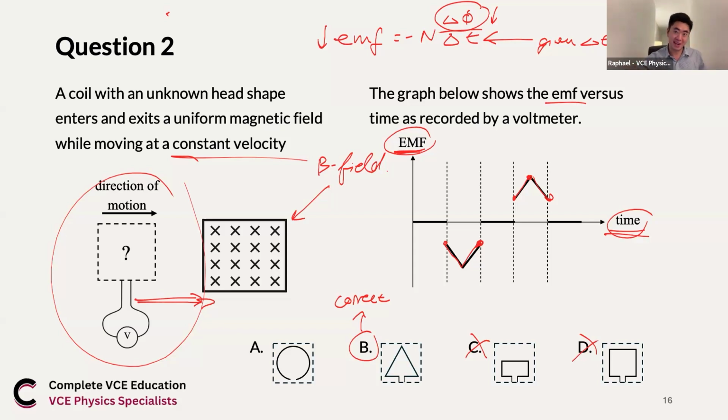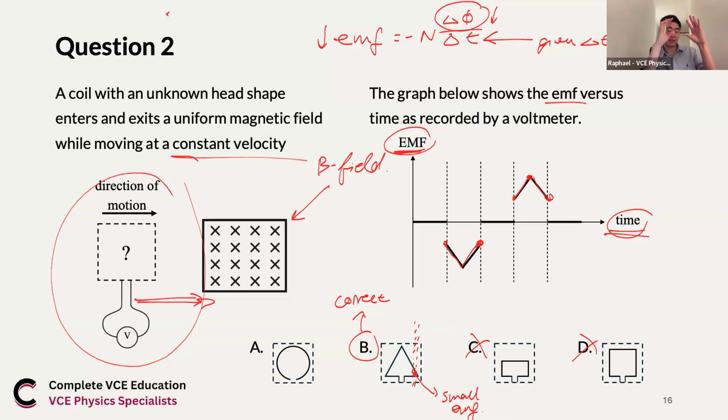And in option B, imagine you're cutting this little section of your coil. The amount of flux that passes through that very little corner of your triangle is very small at the start. So because of this, we'll have a small EMF generated at the start.